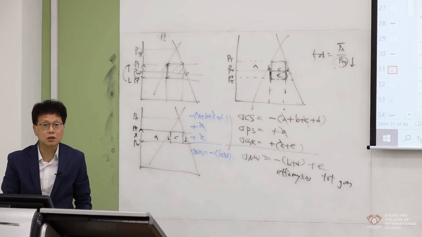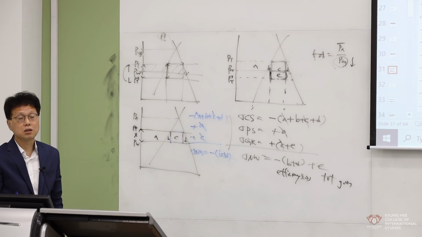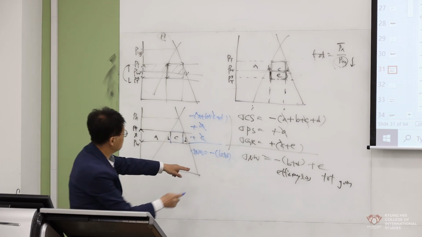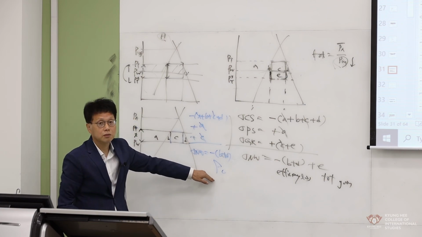Consumers consume too little, and inefficient producers produce too much. So national welfare is negative.